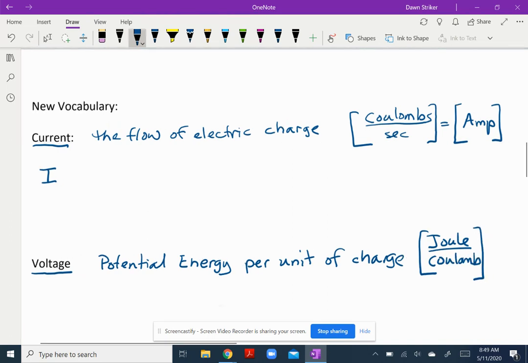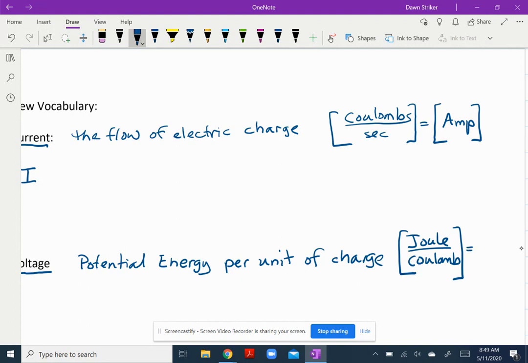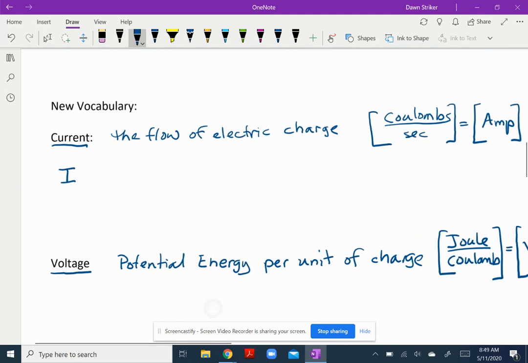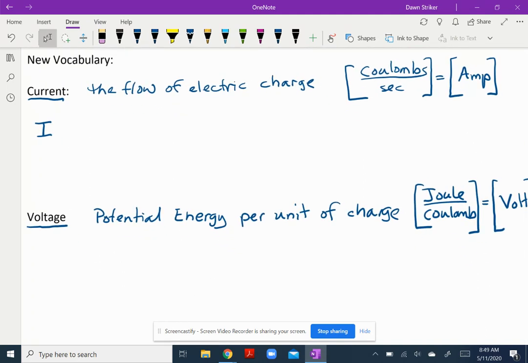So we were introduced to this idea in the last chapter. Joule per coulomb is known as a volt. So really there is some potential energy that we use to make the circuit work. Potential energy. Could be a battery. It could be the outlet in your house provides 110 or 120 volts of power for you to use. And voltage is symbolized with a big capital V.